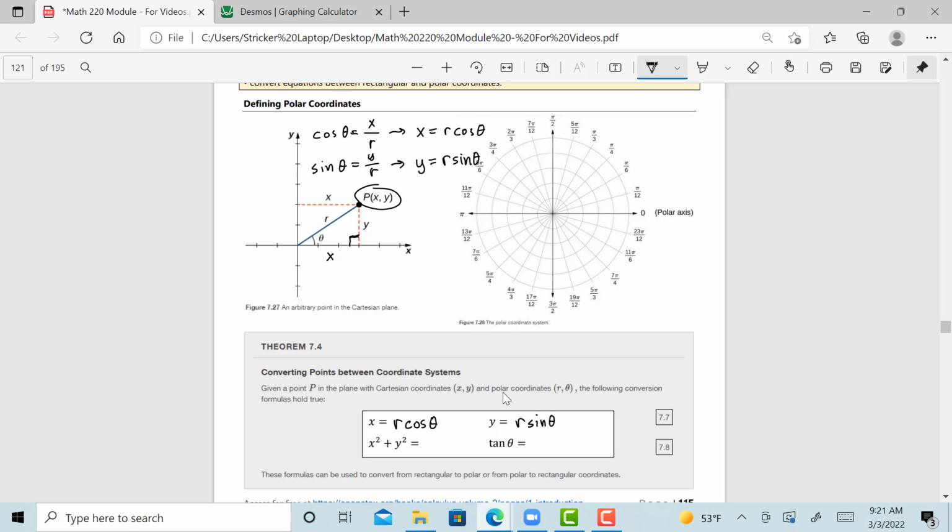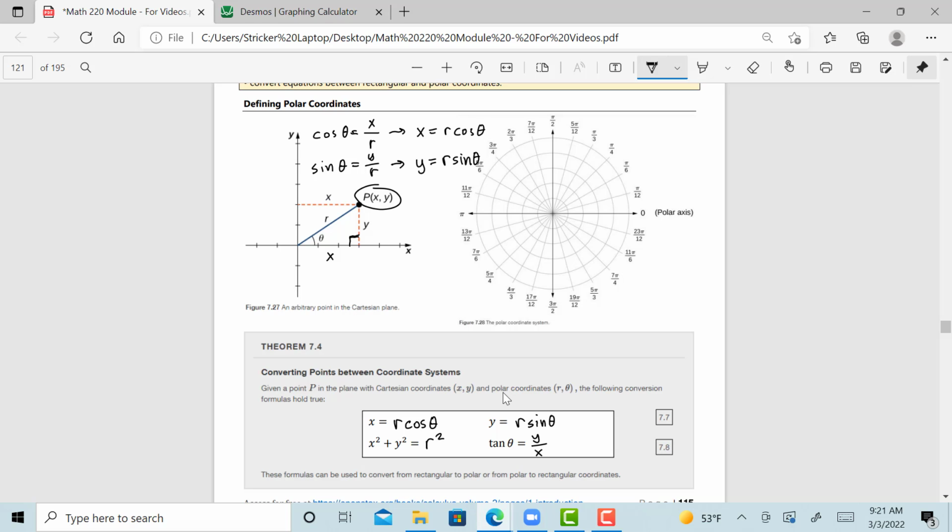Okay, and then again, looking at that right triangle, because it's a right triangle, the Pythagorean theorem holds. So we could say that leg squared plus leg squared equals hypotenuse squared, or x squared plus y squared is equal to r squared. We also have a tangent theta formula. We know that tangent theta is equal to the opposite over the adjacent, which in this case is y over x.